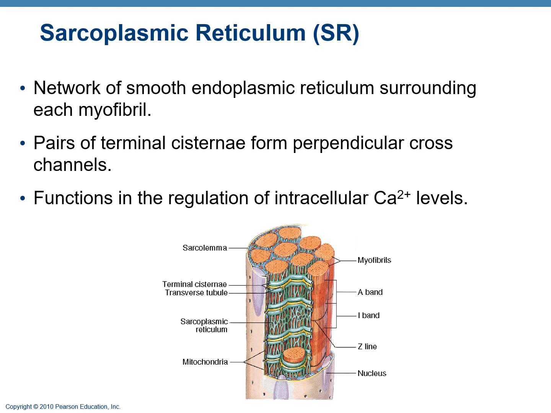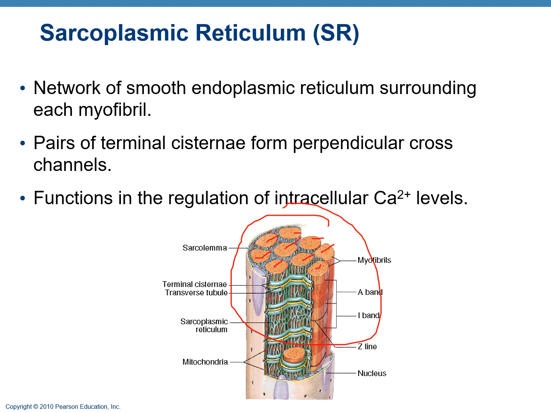The sarcoplasmic reticulum, as I mentioned previously, is a modified network of smooth endoplasmic reticulum surrounding each myofibril, each of those bundles of actin and myosin inside of a single cell. So here you can see 1, 2, 3, 4, 5, 6, 7, 8, 9 myofibrils inside of one muscle fiber or muscle cell.